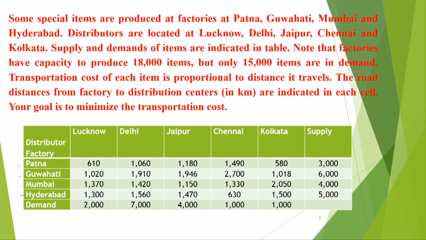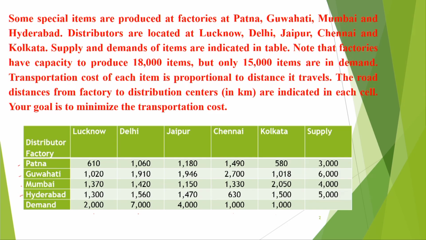So, this is the demand. These items are produced in factories and distributors are located at Lucknow, Delhi, Jaipur, Chennai and Kolkata. Supply and demands of items are indicated in the table.